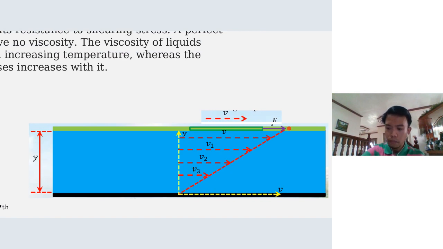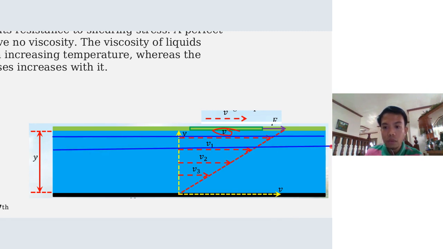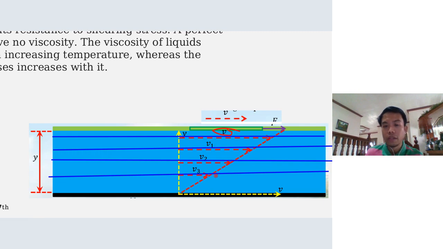So, at different layers of fluid, they have different velocities. Okay? So, the velocity here at this layer, so imagine we have 1, 2, 3, 4 layers.